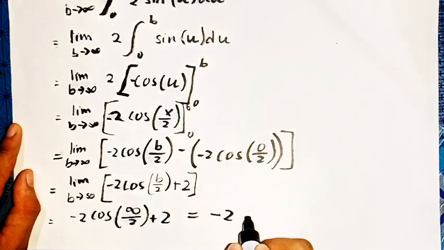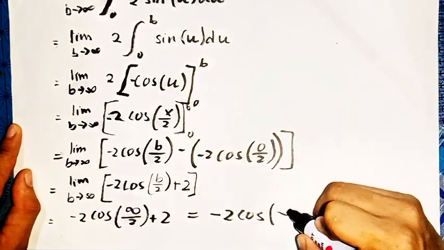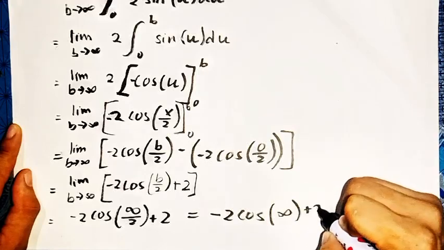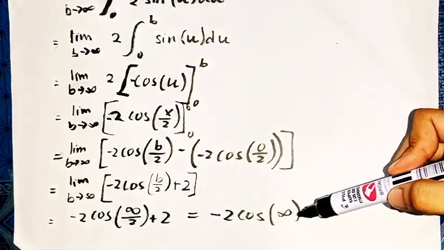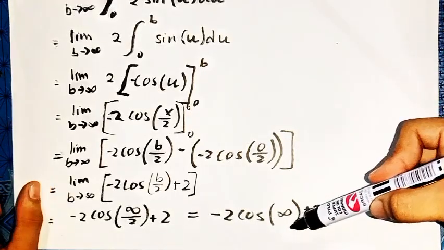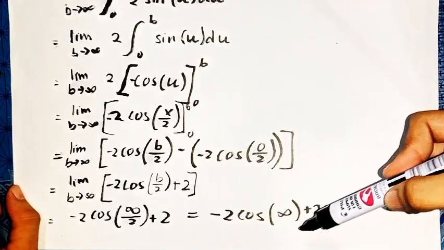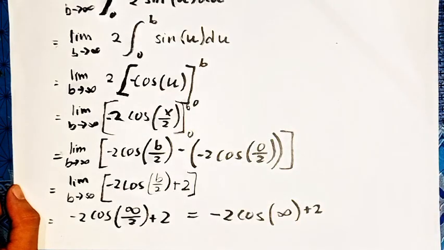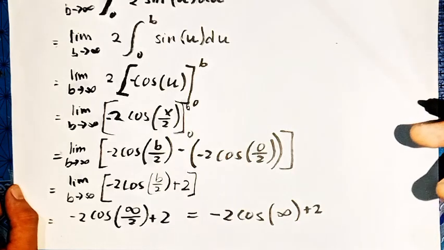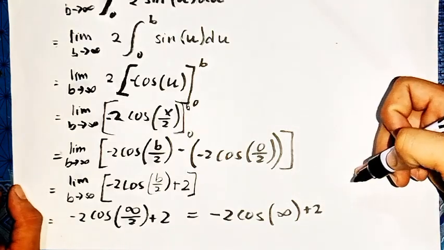So negative 2 cosine infinity plus 2. Remember that cosine infinity is undefined, right? Because the function oscillates indefinitely between negative 1 and 1. So therefore, the improper integral diverges.